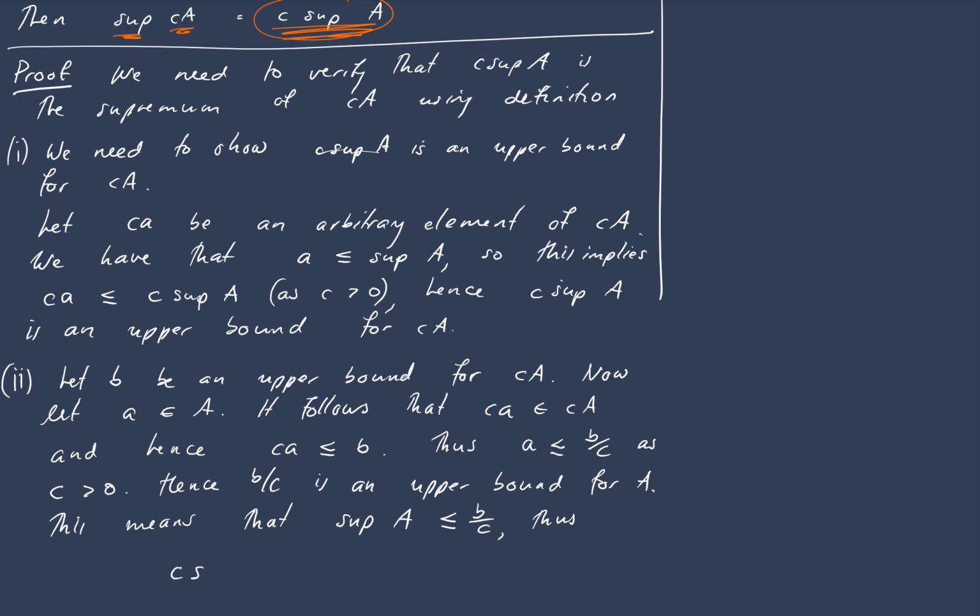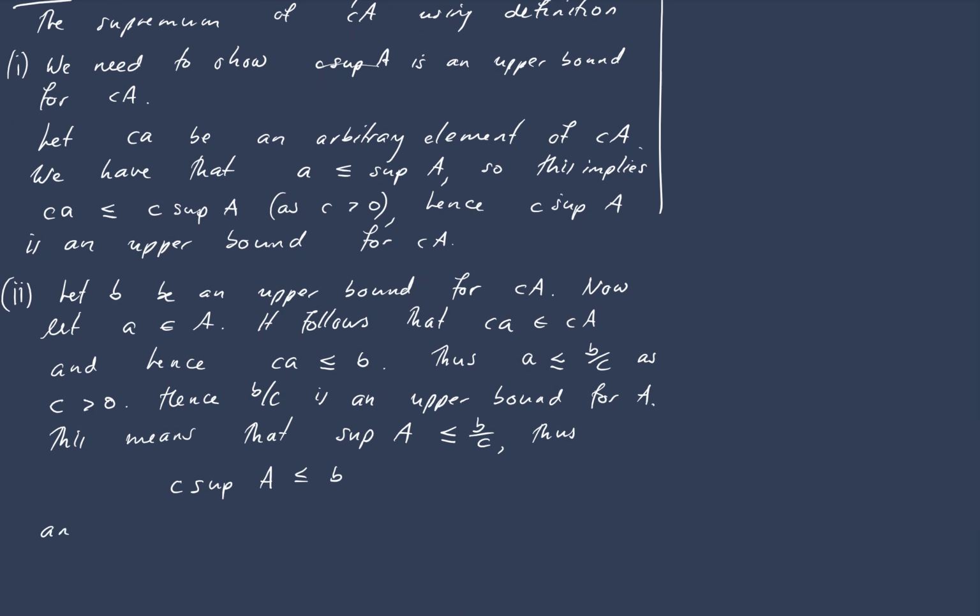Thus c sup A is less than or equal to B, and hence c sup A, which we already established is an upper bound, is the supremum of CA. Okay, so we successfully verified both parts of the definition.